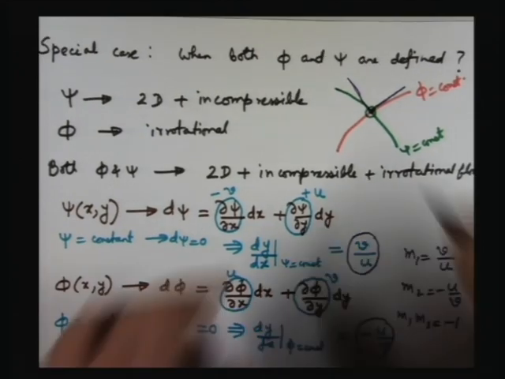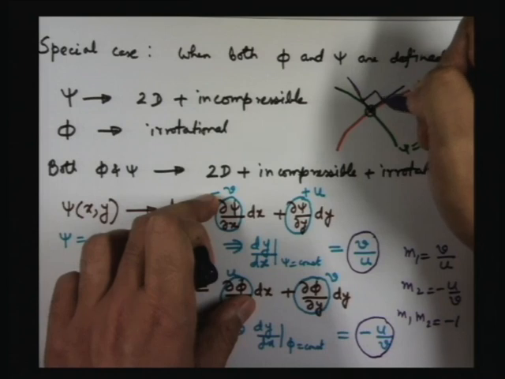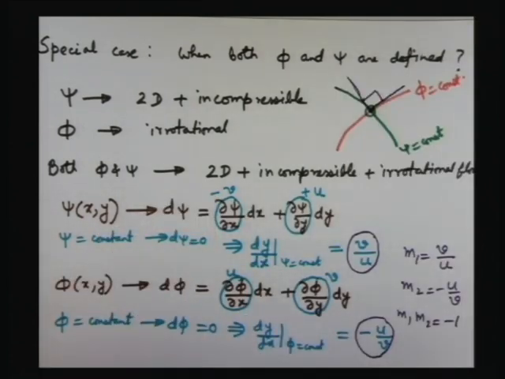That means these two tangents are at an angle of 90 degrees with each other. So phi equal to constant lines and psi equal to constant lines are termed as orthogonal to each other. Orthogonal means that whenever you have their common point of intersection, the tangents at the common point of intersection are perpendicular to each other.